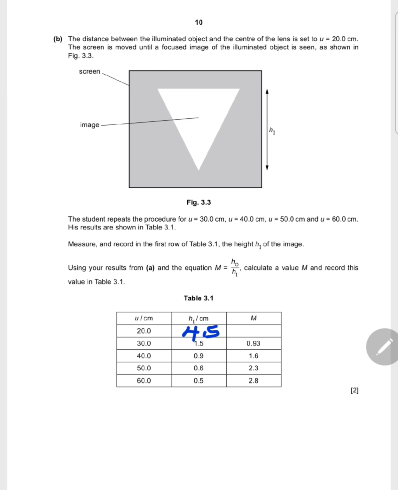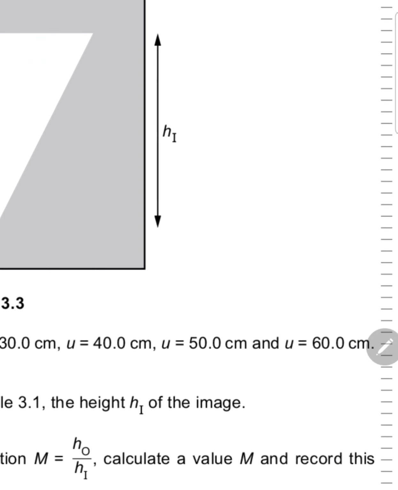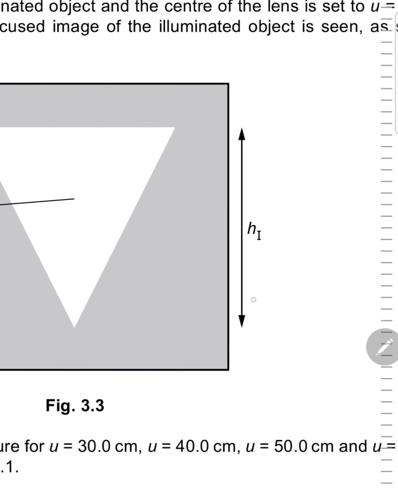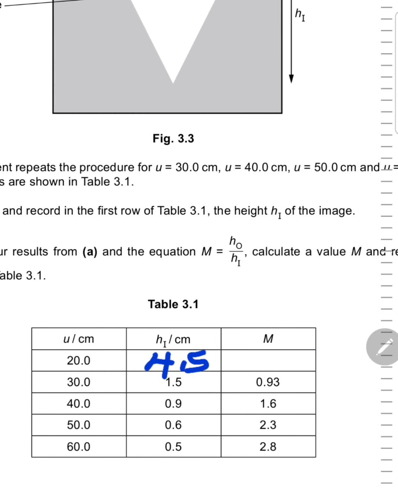His results are shown in table 3.1. Measure and record in the first row of table 3.1 the height h1 of the image. So again, you're using your ruler to measure h1 here, and this height is required in centimeters, so that's 4.5 centimeters recorded here in the table.